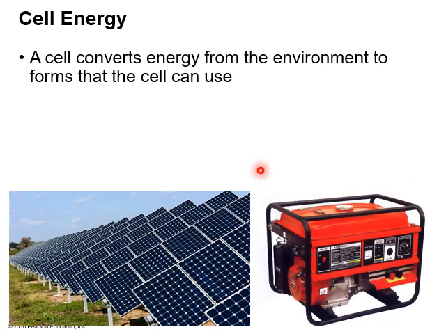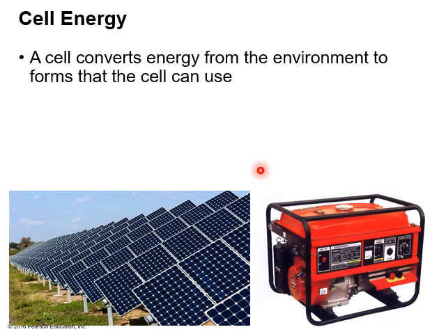And so cells have to convert energy from the environment into forms that the cell can use. Right, so we talked about in chapter 1 how one of the important properties of life is that we take energy from the environment around us and we use that energy for our own means. However, the energy that is in the environment around us is not always in the format that our cells can use.